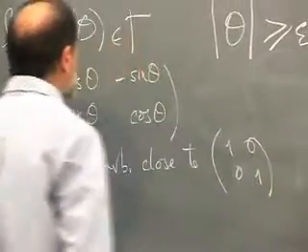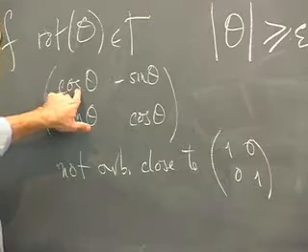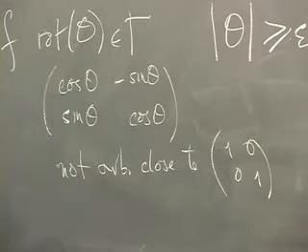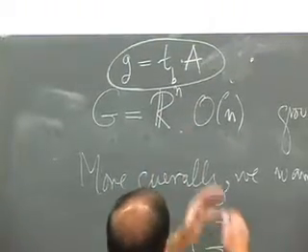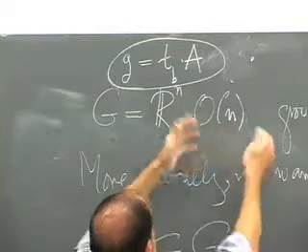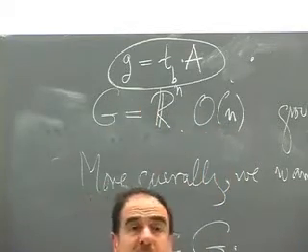Because if theta got too small, the sine of theta would get very close to 0, and cosine of theta would become very close to 1. So in general, we can ask that the elements of gamma not be too close to the identity transformation. And the fact that we have a notion of size on real matrices and on real vectors allows us to make that statement.